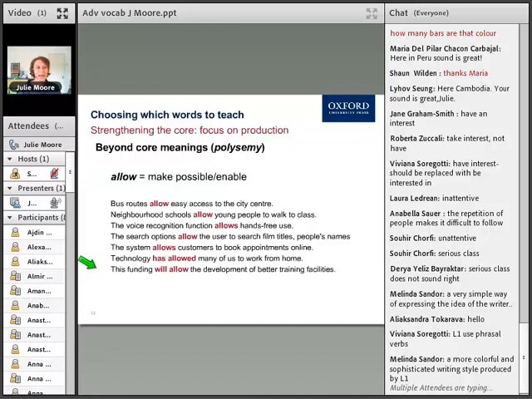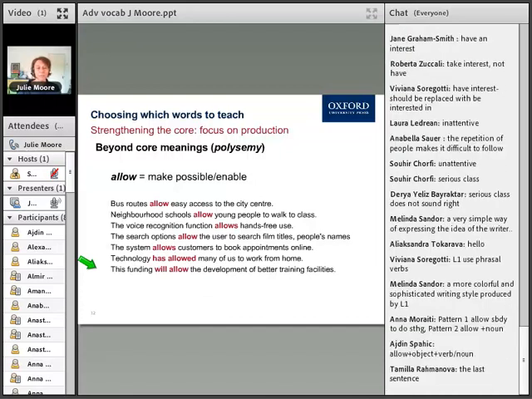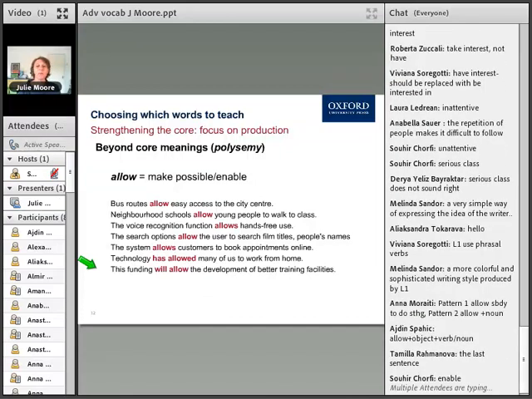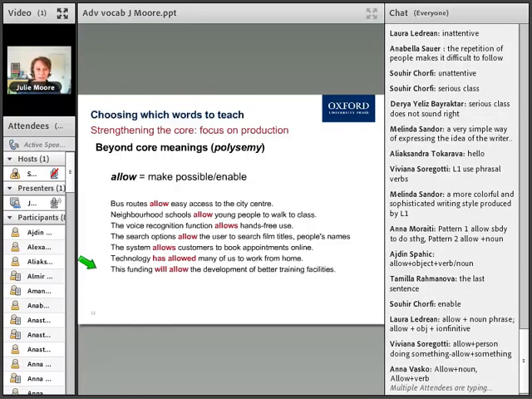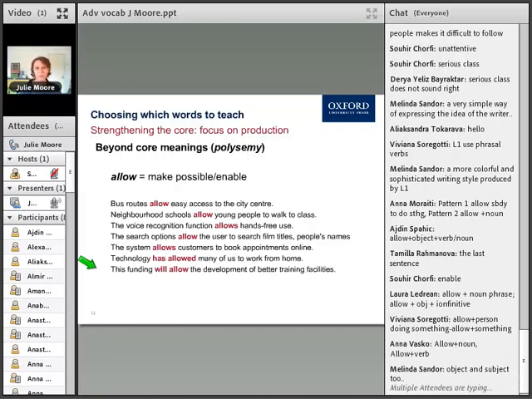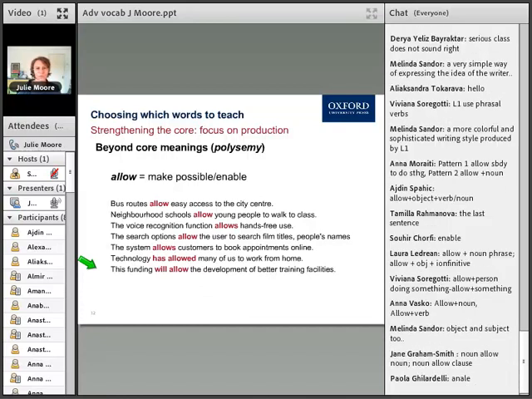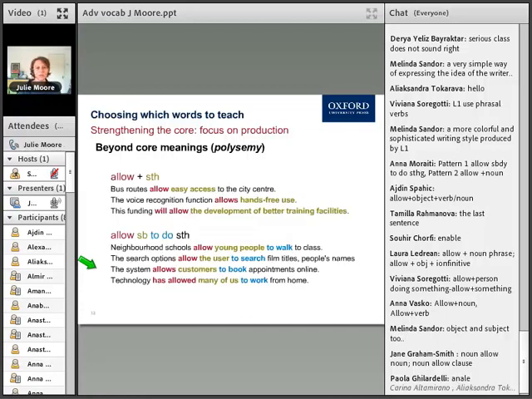There are 2 patterns of usage here. So the meanings are the same, but the grammatical patterns are slightly different. Can you spot the 2 different grammatical patterns happening here? Perhaps you could type some ideas in the chat box for me. What 2 patterns of usage are there here?